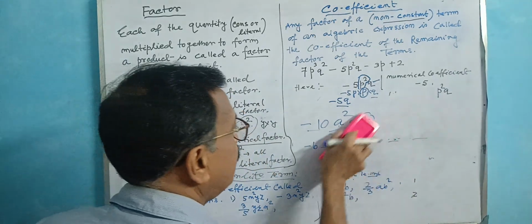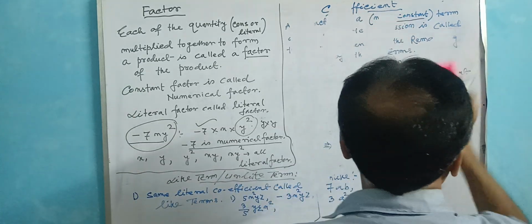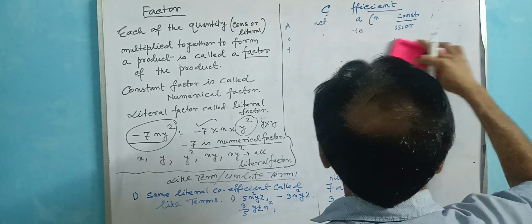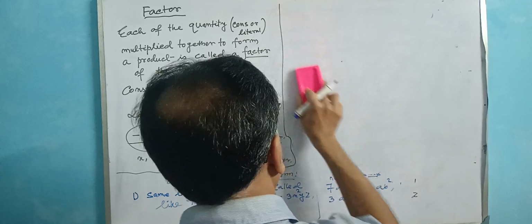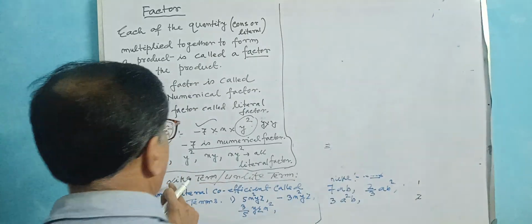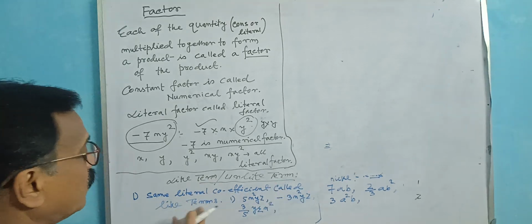Now the last thing for today is the like term or the unlike term. Like term means the same thing. Same literal coefficient is called the like term.